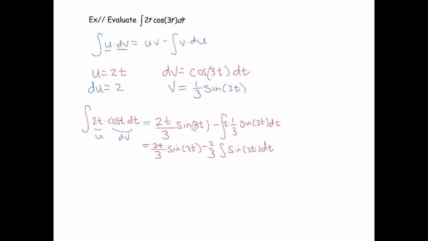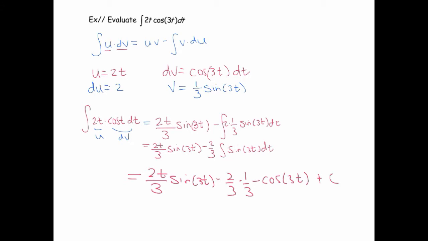And so now we've made this problem simpler. And the reason is because even though we have this other integral to deal with, we can figure out the antiderivative of sine of 3t probably just by doing it mentally, or you can do u substitution on the 3t. But I would probably just say, okay, the antiderivative of sine is negative cosine, so negative cosine of 3t, but I need to correct for that 3 that would come out from the chain rule, so I'm going to times by a third.